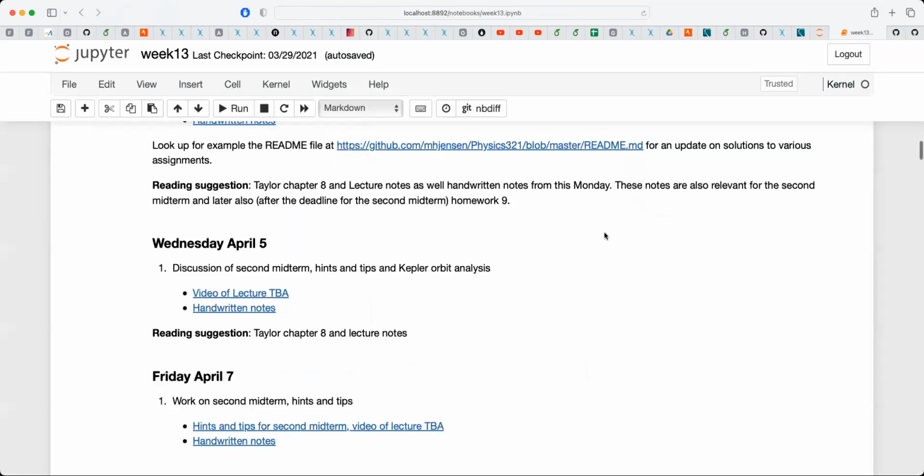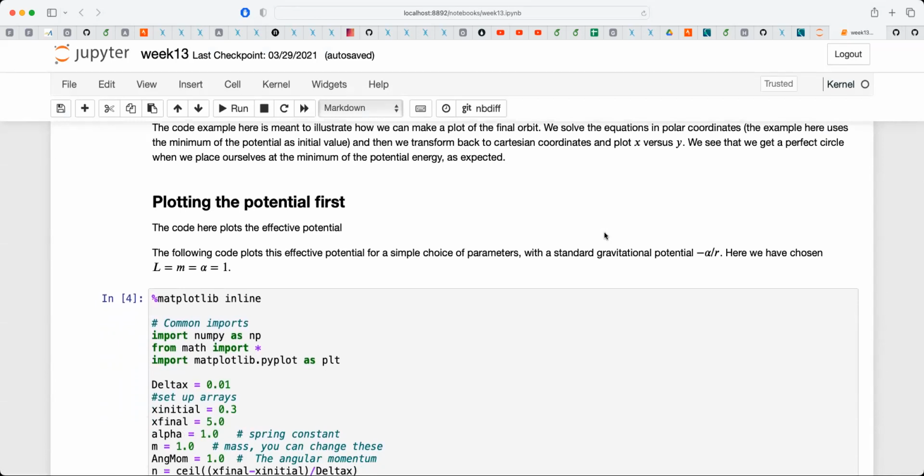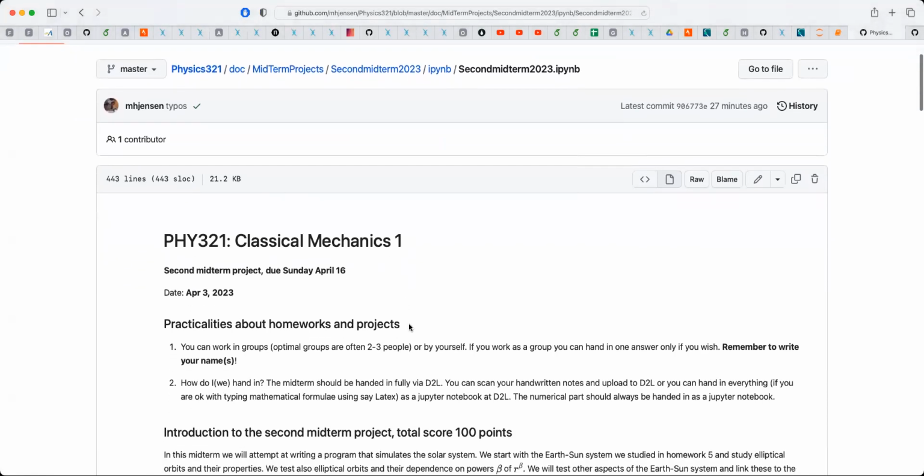To the topic this week. In the lecture notes, the slides, you will find things which are tightly linked with the midterm, but I'm going to do things on the whiteboard first. I also remind you of where you can find the midterm. Under the folder doc midterm projects, second midterm, you can find both PDF files if you prefer that, or a Jupyter notebook if you prefer that.